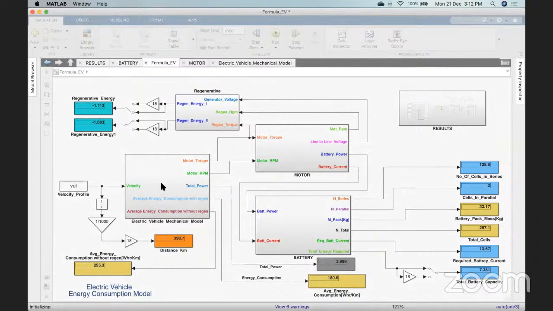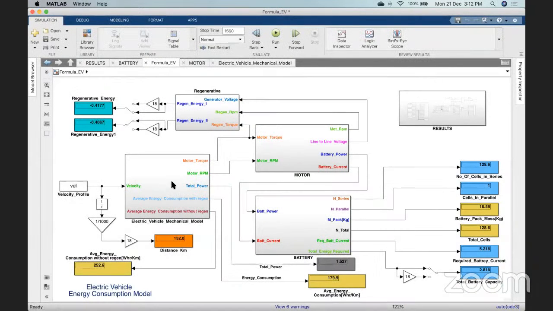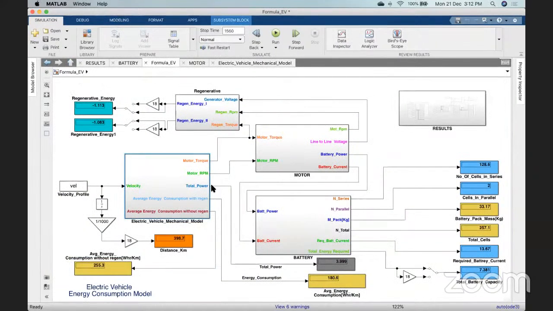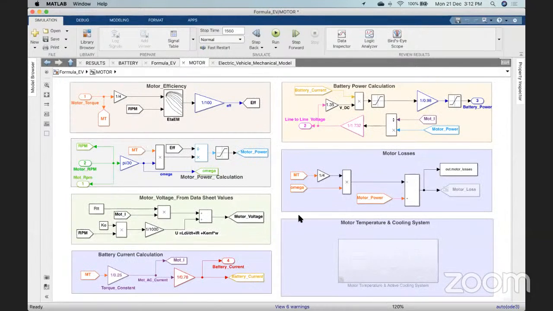In this mechanical model, if you go inside this, I have built something like this, the resistive force calculations, each and every parameter that we have discussed. Very small formulas, but how we are combining those things is a very important thing. So we can combine all these things like this, and you can get mainly the outputs as these things, and you can give these things as input to the motor, and in the motor also you can get all these parameters.